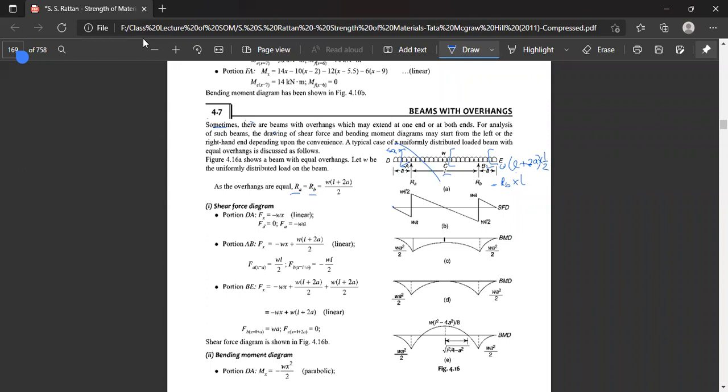So the load acting over it will be W into x acting downwards, and the reaction RA, W into L plus 2A by 2, is acting upwards, and Wx is acting downwards. So they are of opposite sign, and Fx is supposed to be acting upwards. So Fx will be equal to minus Wx plus W into L plus 2A divided by 2.